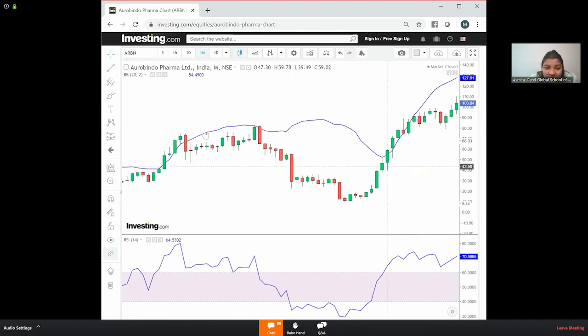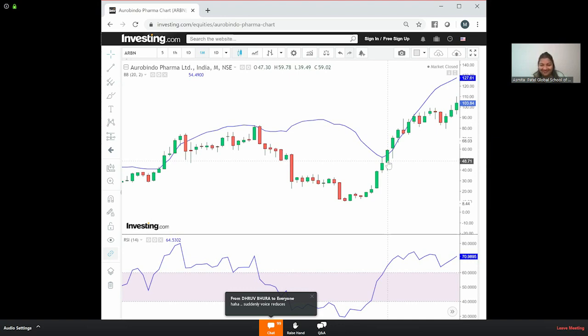whenever the price remains between the upper band and lower band, 95% of the time, please understand, the price will remain between these two bands only. I repeat, 95% of the time, the price will remain between these two bands only.